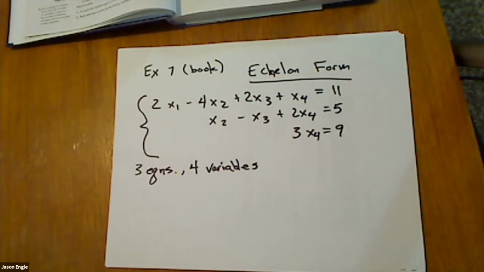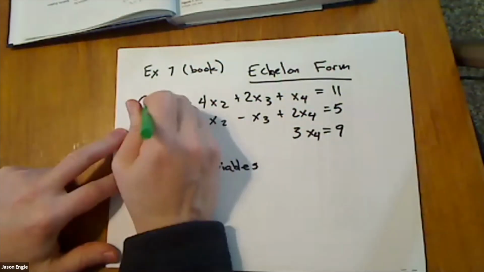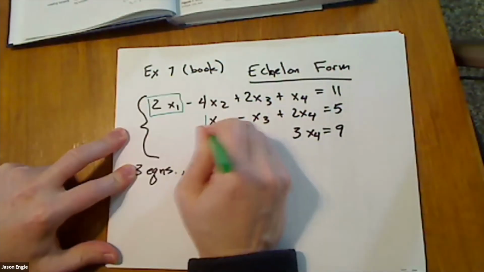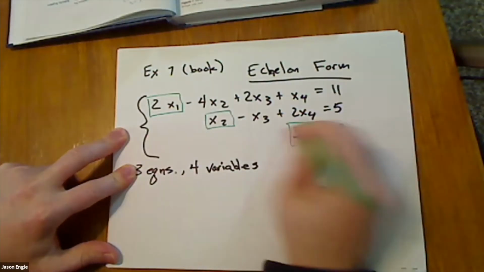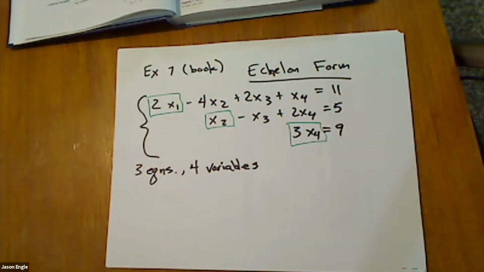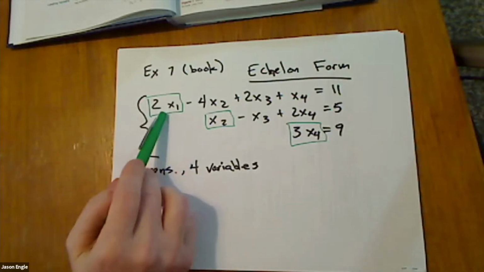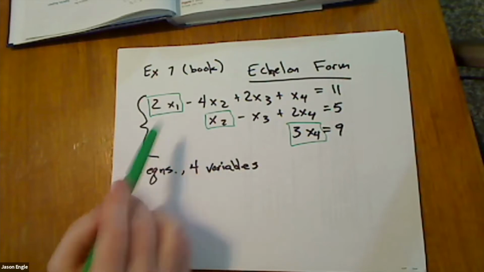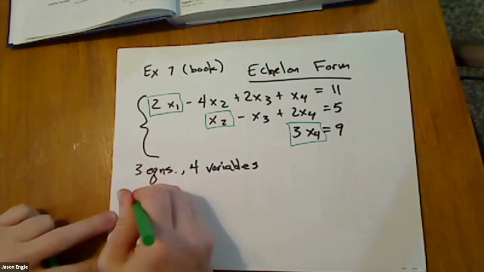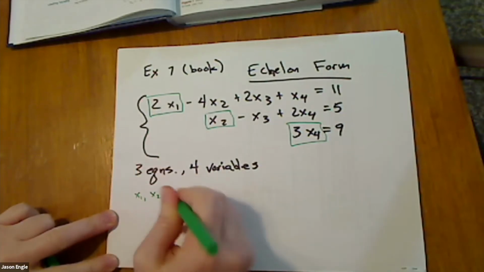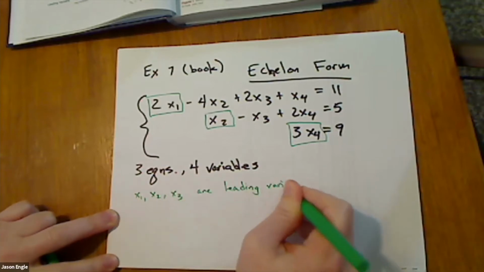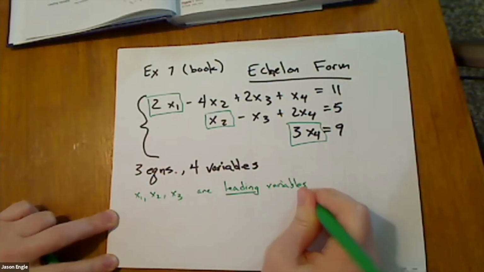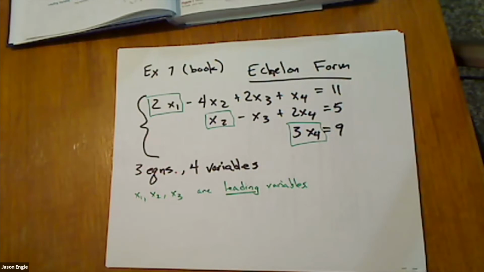Also, I should mention these are called the leading variables, right? And I think tomorrow we're going to look at this from another point of view, and I'll be calling these pivot positions. But you can see that x1, x2, and x3 are leading variables, okay?